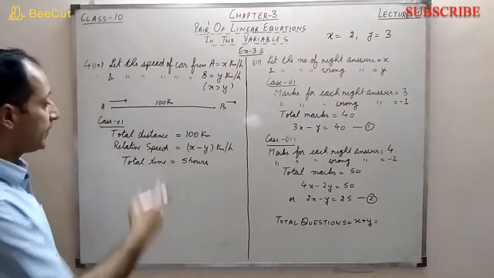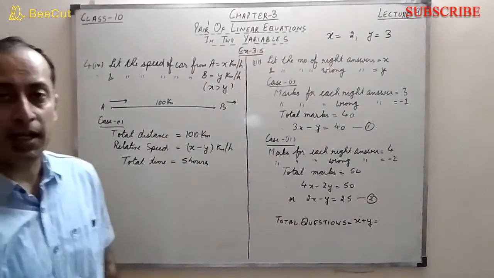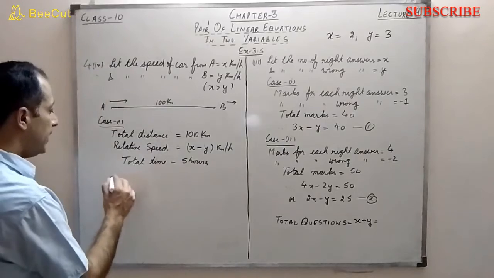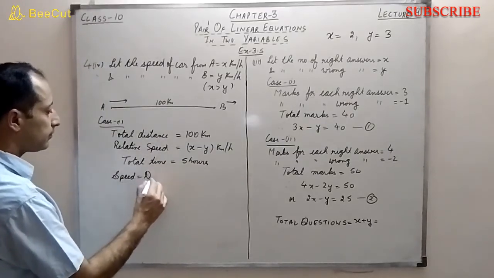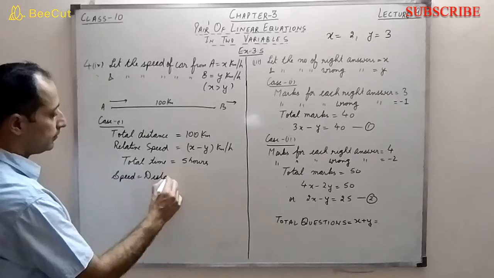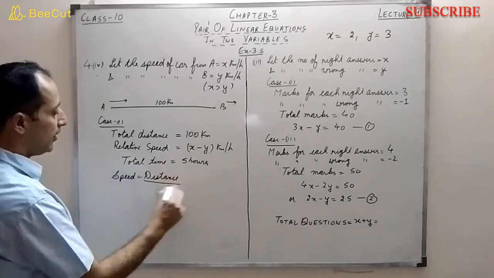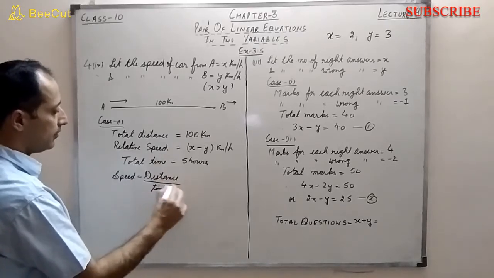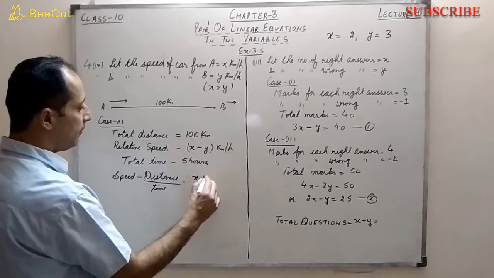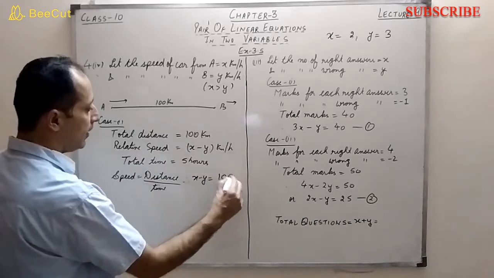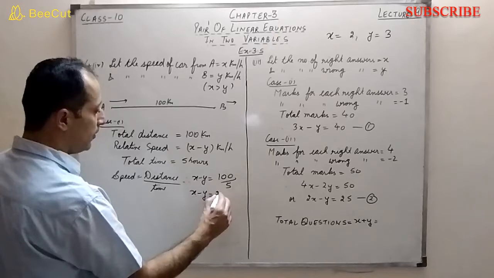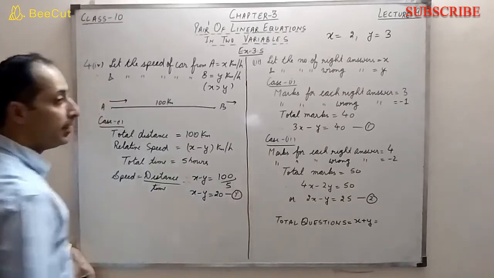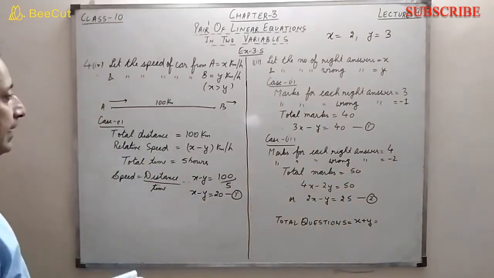We know the relation between distance, speed and time, that speed is equal to distance upon time. So x minus y is equal to 100 upon 5. So I get the first equation as x minus y is equal to 20. This is my first equation. Now I take the second case.